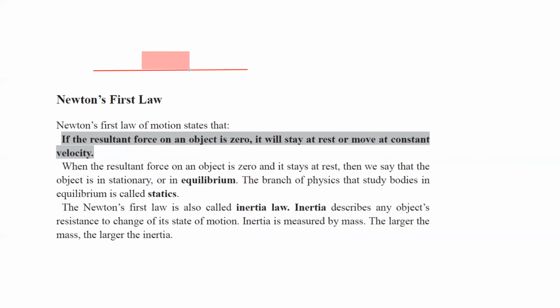So here is an object which is placed on the surface and initially the object is at rest. If I apply two forces, 10 Newton towards the right hand side and 10 Newton towards the left hand side, what is the resultant force? And how to represent this resultant force? Sigma, this is the Greek letter sigma, and F, which means the resultant force. So 10 Newton towards right and 10 Newton towards left.